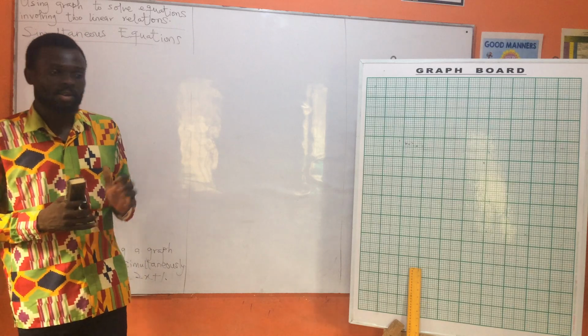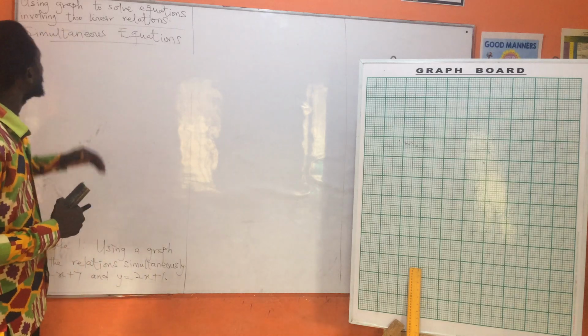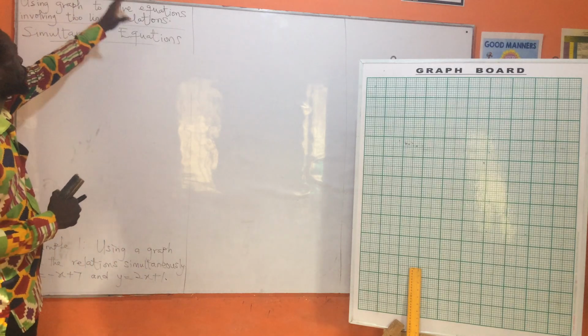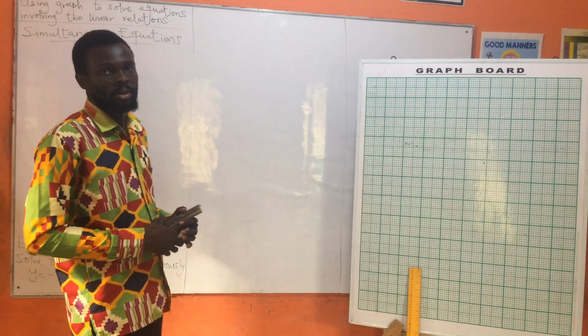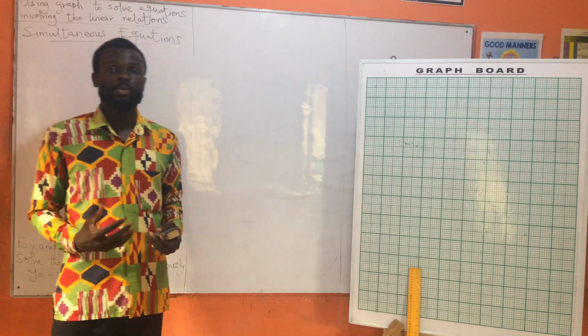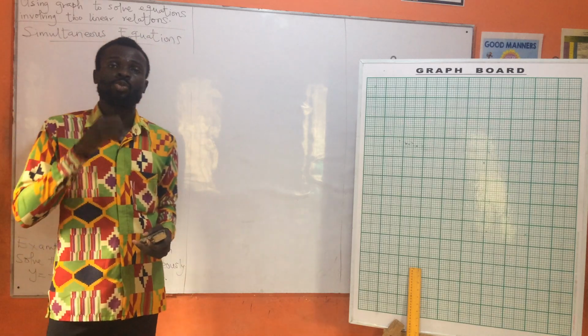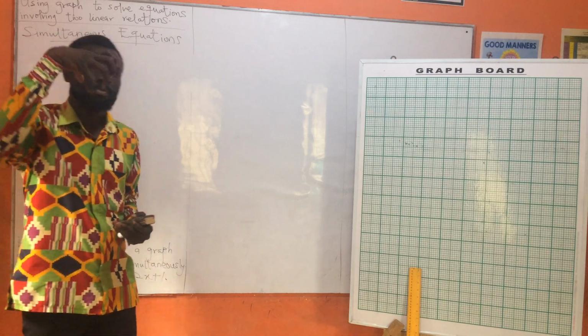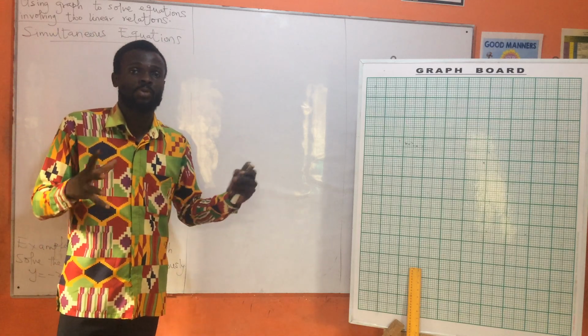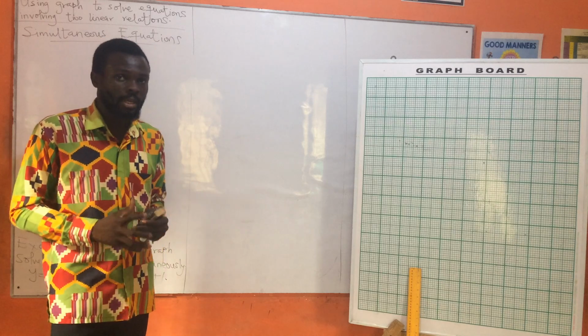Today we are still on the graph, and we want to look at using a graph to solve equations involving two linear relations. We can use the graph to solve simultaneous equations, and that is mainly what we are discussing today.